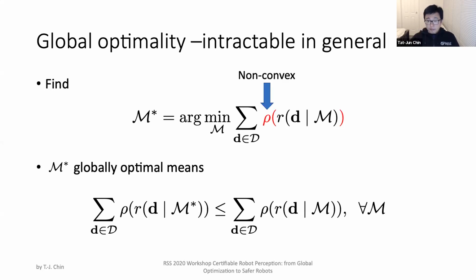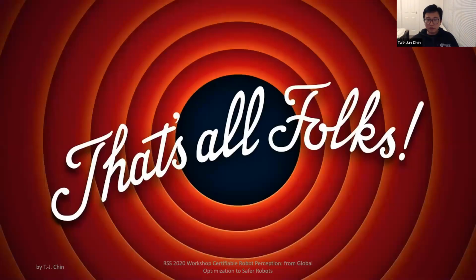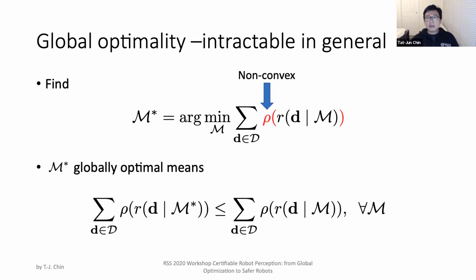And immediately, because we see that rho, for example the hard redescenders or that outlier counting objective function that I showed earlier, are non-convex, immediately we know that this problem is intractable in general, right? And really there is nothing much to say beyond this point.